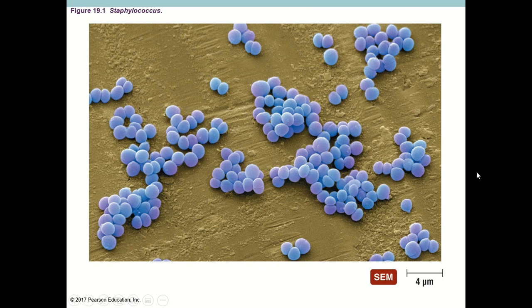three general ways. So their pathogenicity, if you will, depends on three mechanisms. First, structures that enable it to evade phagocytosis, meaning that they're going to go ahead and stave off attack by our macrophages.